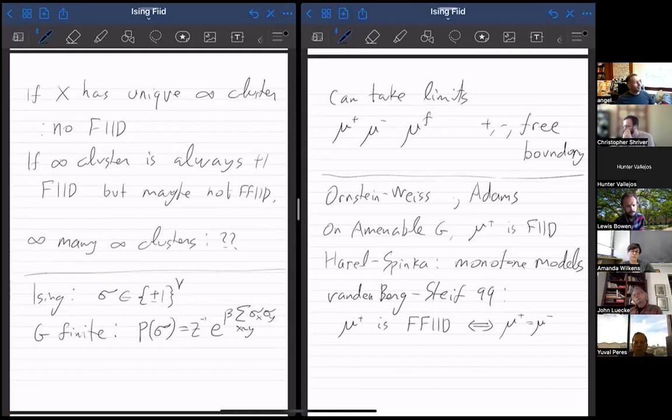So if you are at criticality and mu plus is not equal to mu minus... okay, if it is equal, which it is. Yeah, it is equal. And if it is equal, then doesn't the Glauber dynamics still give you that it's a factor?